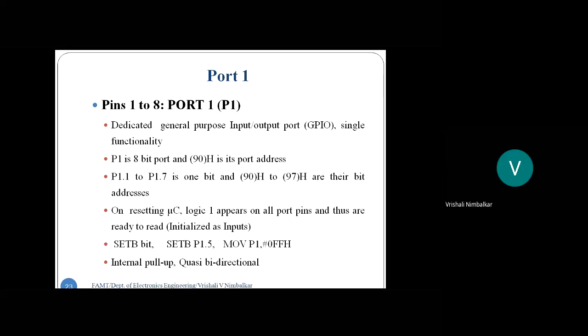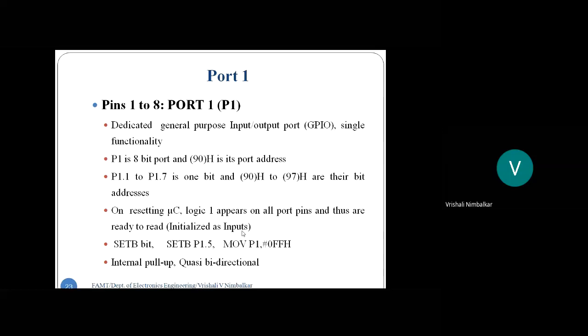97 hex. Right? Now, again, a point to remember: in all those instructions, whatever instruction set you have studied, wherever there is a direct address, or when the instruction is of direct addressing mode, at all those places I can write the address of SFRs. Correct.